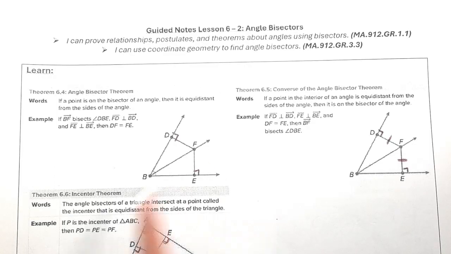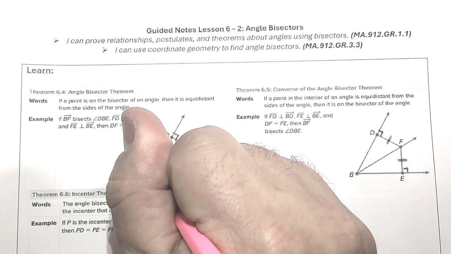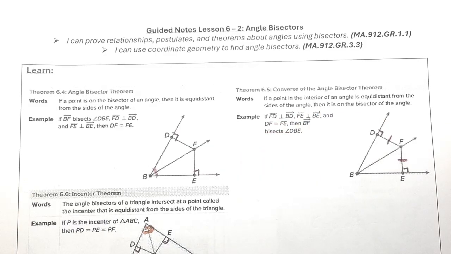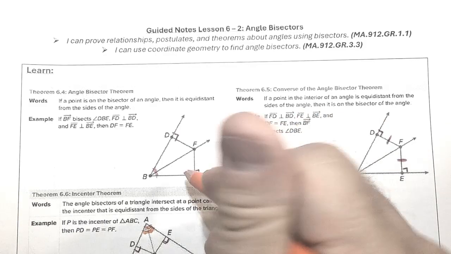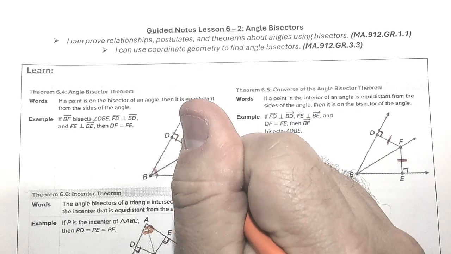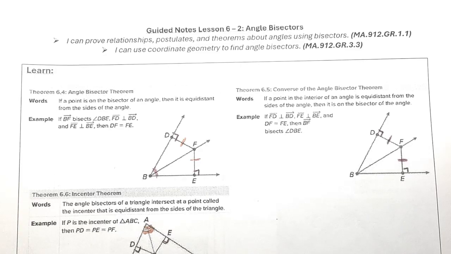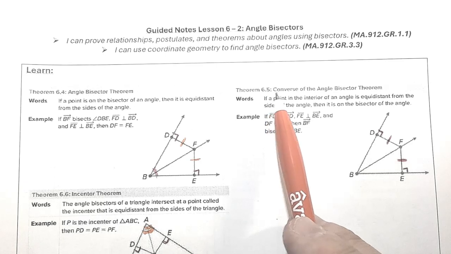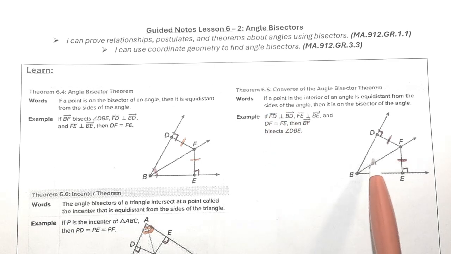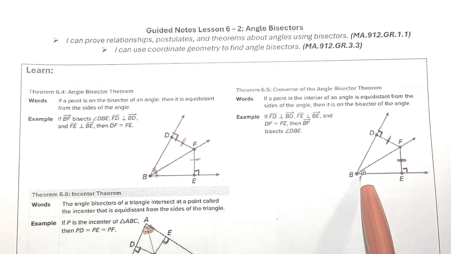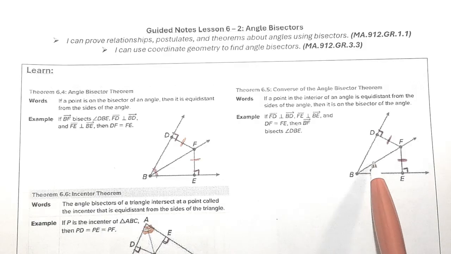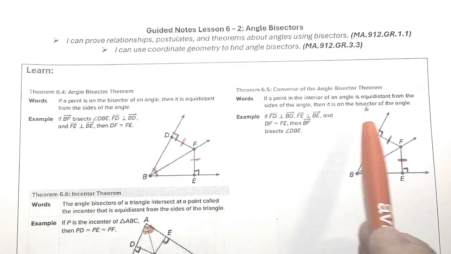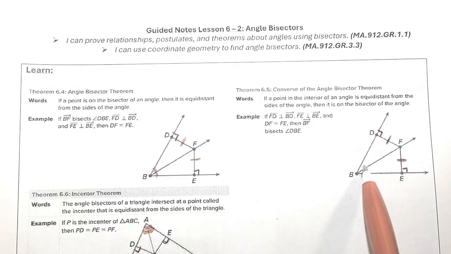Because it's equidistant, the angle is split, and basically what it means is that these two segments are congruent. In the converse, theorem 6.5 says if a point is in the interior of an angle and is equidistant from the sides of the angle, then it's on the bisector of the angle.